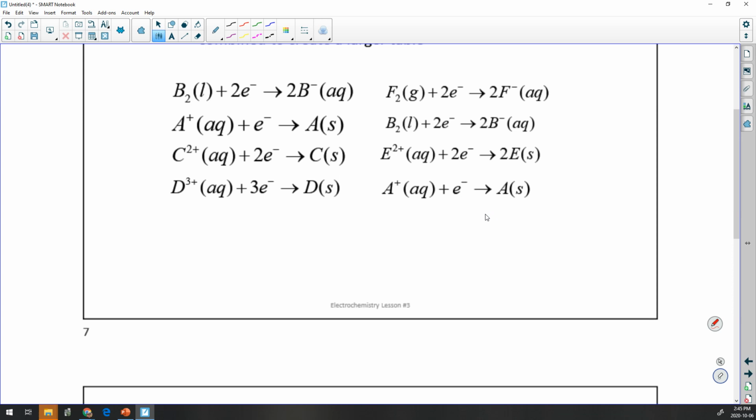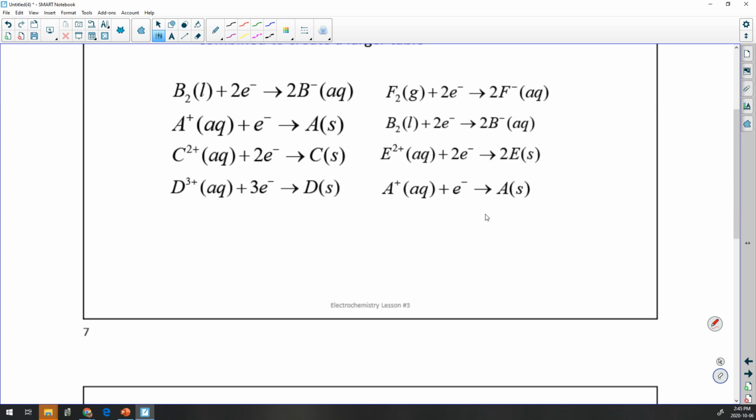Now, looking at those two tables, which is the strongest oxidizing agent that's listed in those two tables? And why?